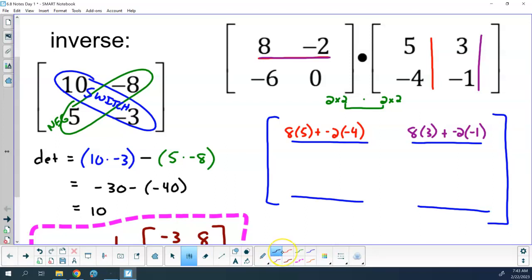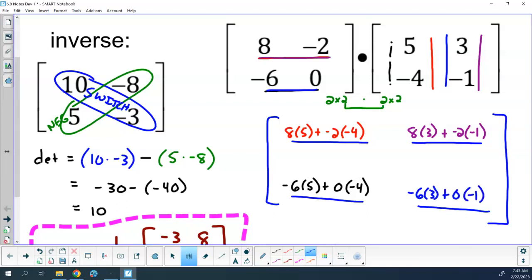Then I take the second row times the first column, negative 6 times 5, and 0 times negative 4. And then lastly, I take the second row and the second column, negative 6 times 3 plus 0 times negative 1.